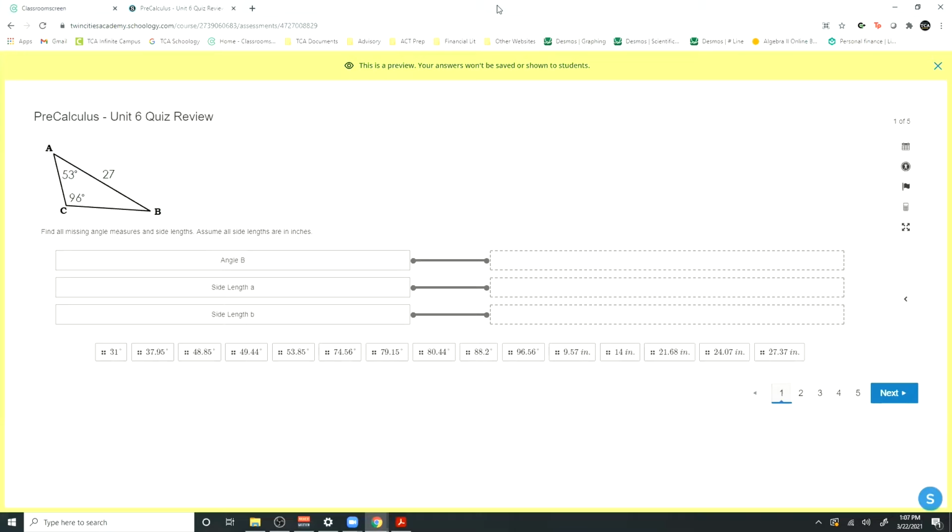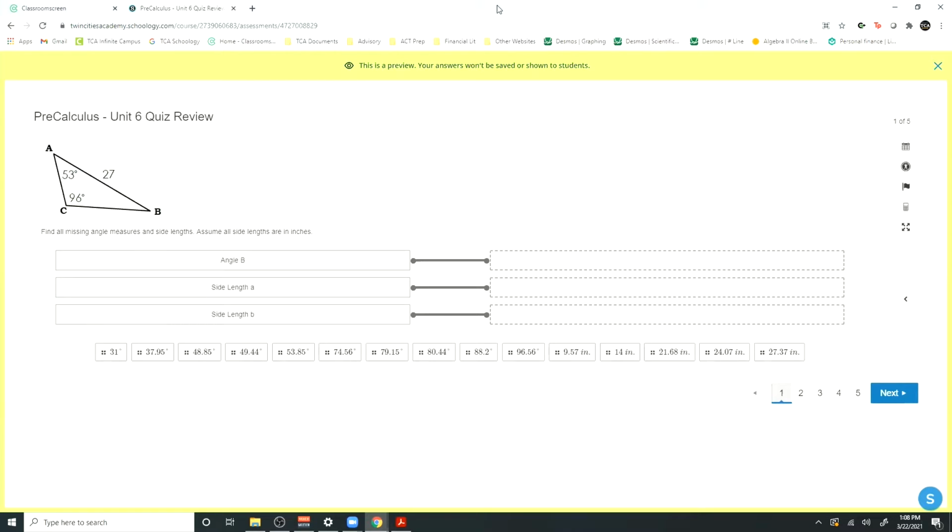So let's walk through these 5 problems and get a good idea of what the quiz is going to look like later this week. Starting with number 1. I'm given this triangle ABC, and I know the following information.